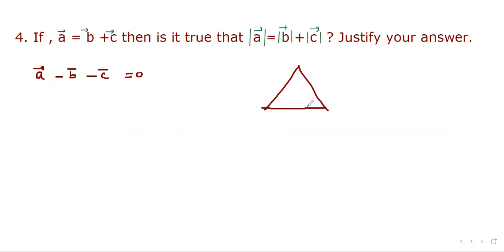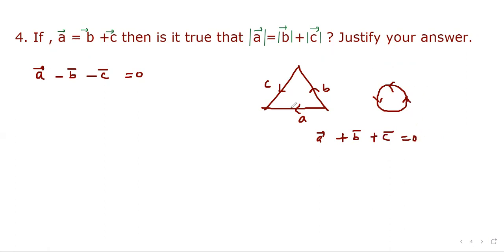Here, this triangle. Suppose this is vector A and this is vector B and this is vector C. So the situation will be, we know that if all vectors are directed along the path shown, in that case the sum will be 0. Actually, A plus B plus C must be 0 if they are directed like this.